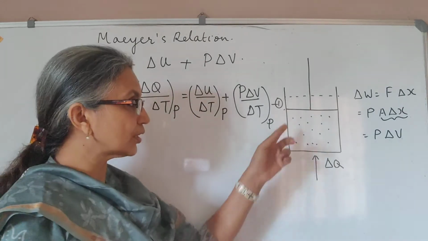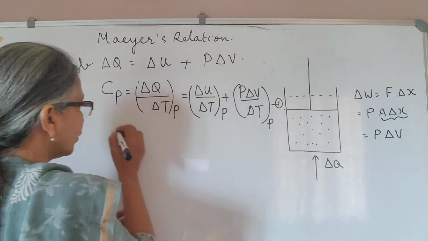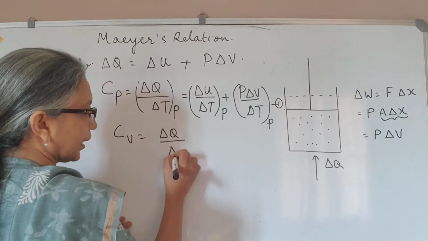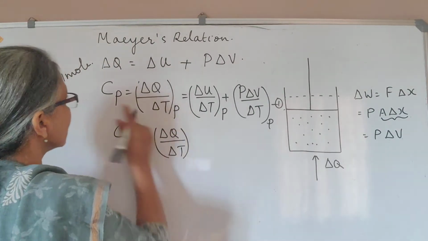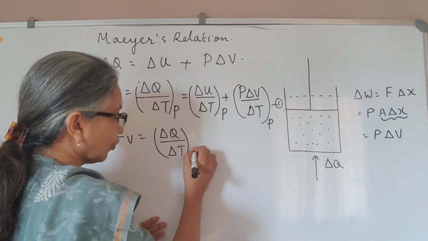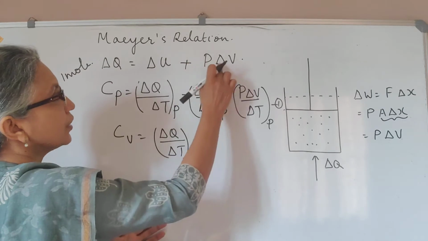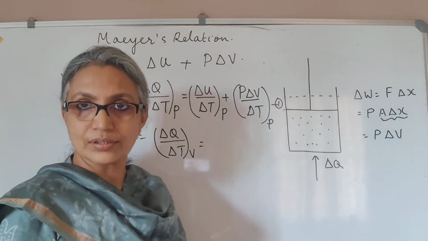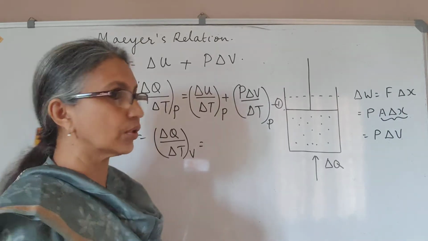Now, suppose we are doing this at constant volume, then Cv is also delta Q by n delta T, with n as 1, at constant volume. But here the change in volume is 0, so delta V equal to 0.